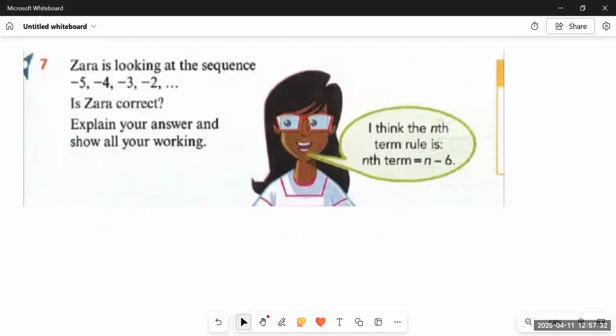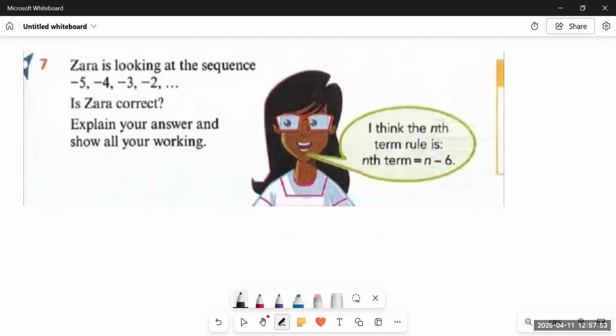And the next question says Zara is looking at the sequence -4, -5, -4, -3, -2. So what is happening over here? Students, remember, when positive numbers decrease, we subtract. But when negative numbers seem to decrease, they are basically getting added. So -5, -4, -3, -2.